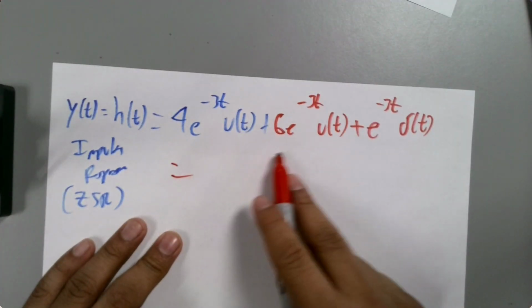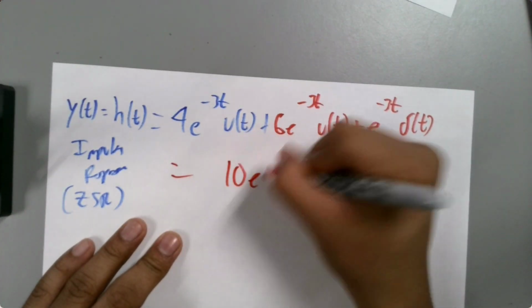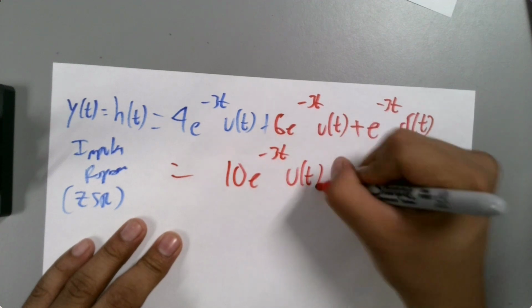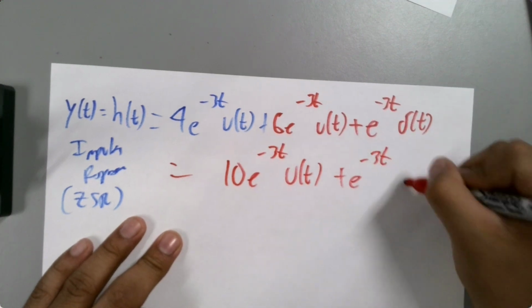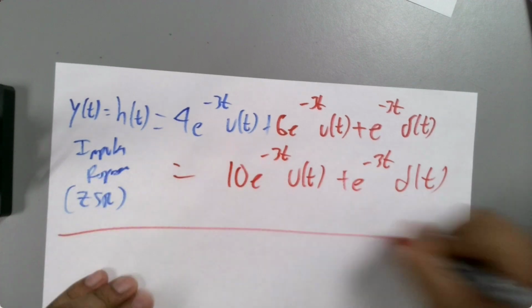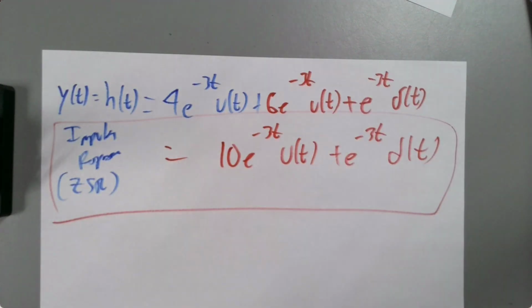Okay, and then you can see this right here adds. You're done. You found your ZSR.